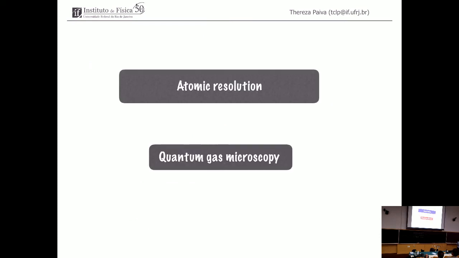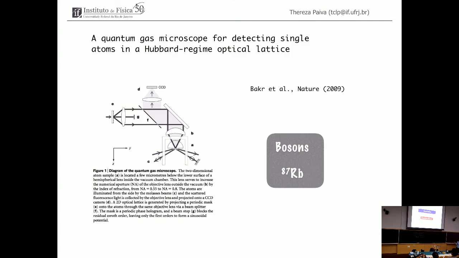The first cold atom experiment dates from '95, that's many years ago. Something newer that has brought a lot of insight to this field is atomic resolution. It started in 2009 for bosons and more recently for fermions, and it is called quantum gas microscopy.